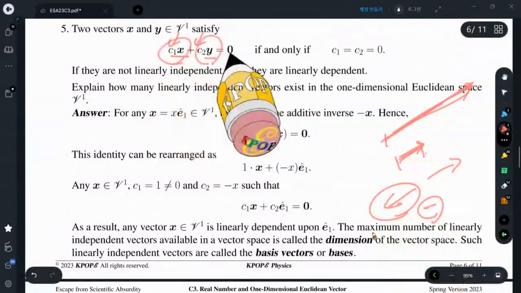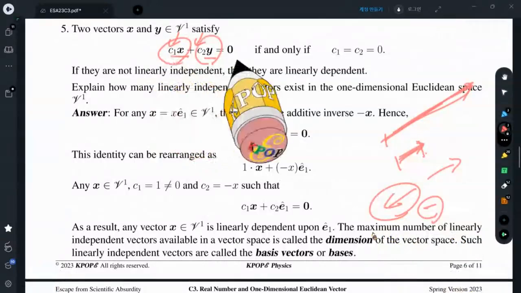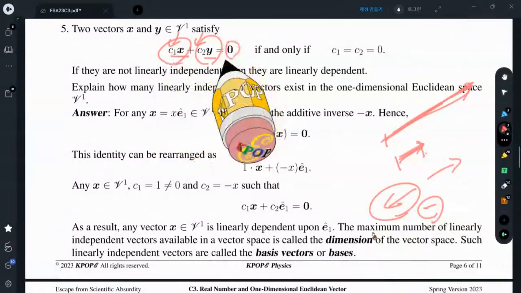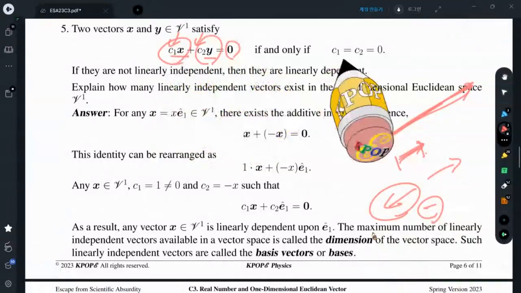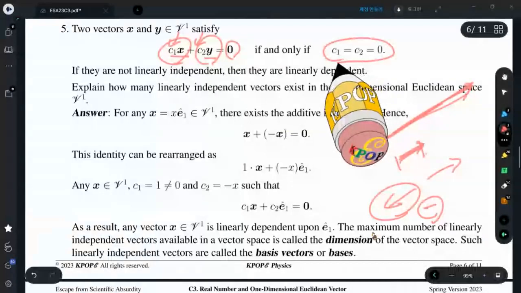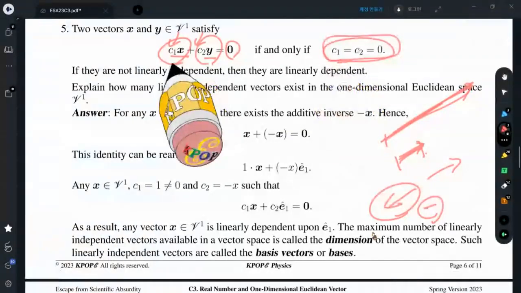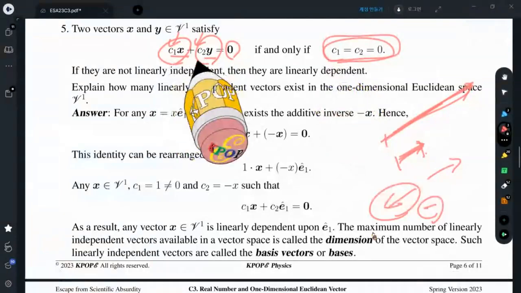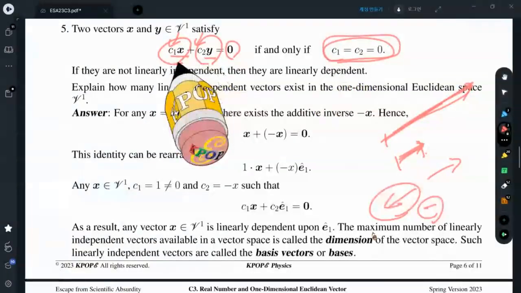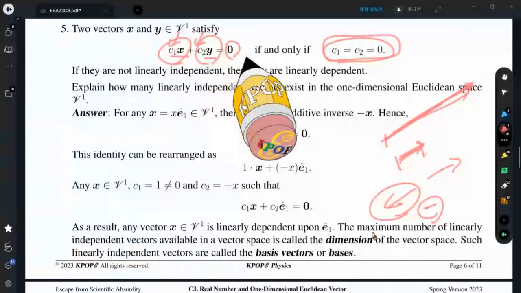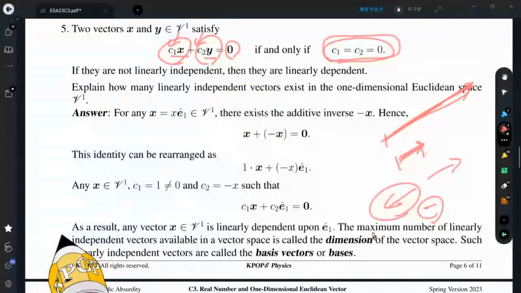The solution of this equation that produces a zero vector is always zero. If this is the only solution for C1 and C2 that makes the linear combination of x and y zero, then we would say they are linearly independent.